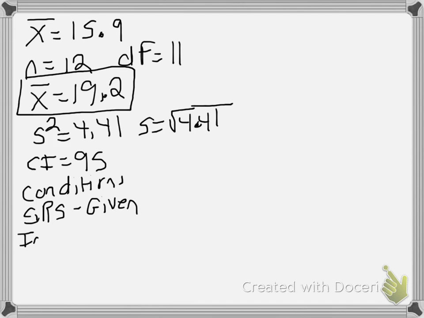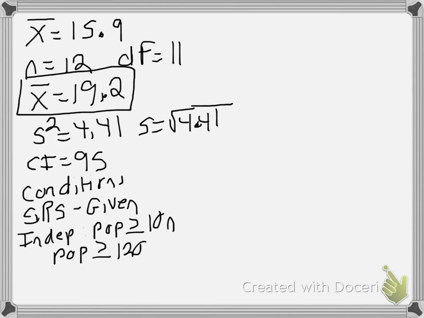Independence. That means that we have to have a population greater than or equal to 10n. So do you think there's more than 120 school districts in the world? Yes. So population greater than or equal to 120. So we can say yes, it's independent.